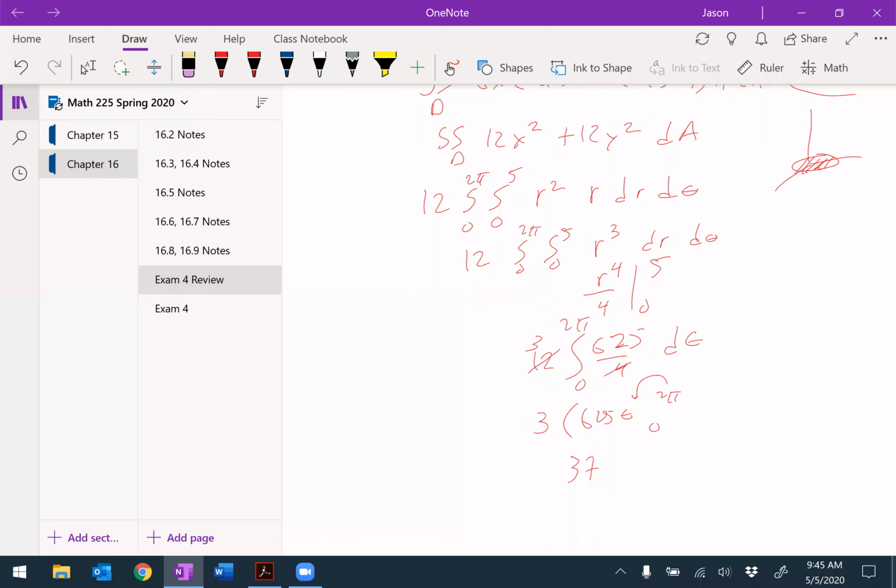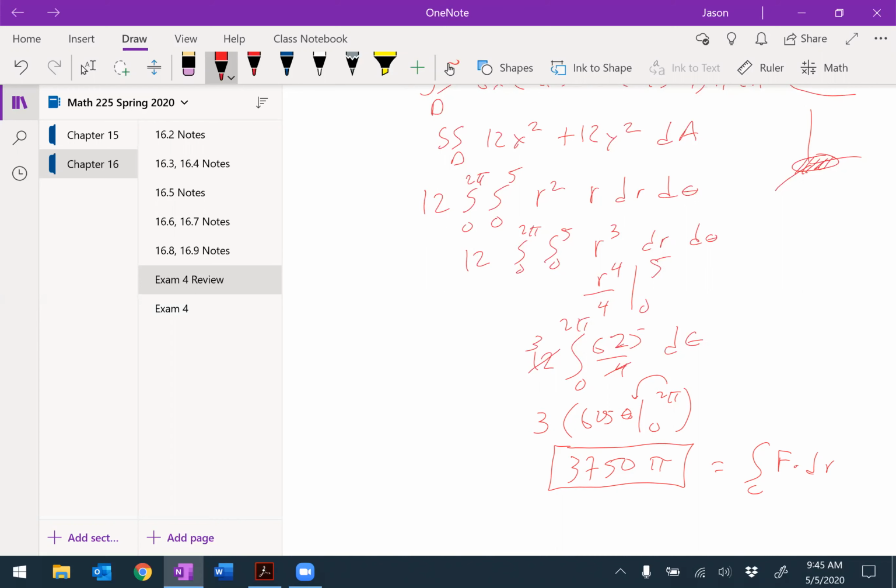I'm not writing too well at the end here. And that is the surface integral, or sorry, that's the line integral of the intersection of those two surfaces. So the intersection of two surfaces.